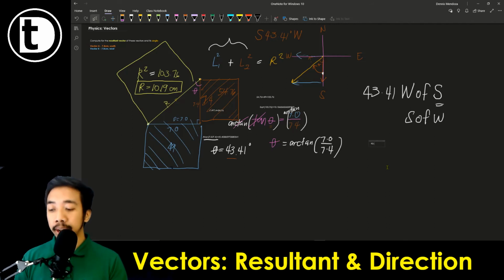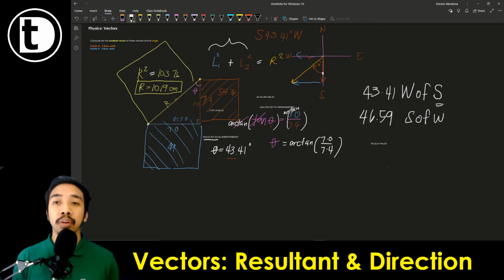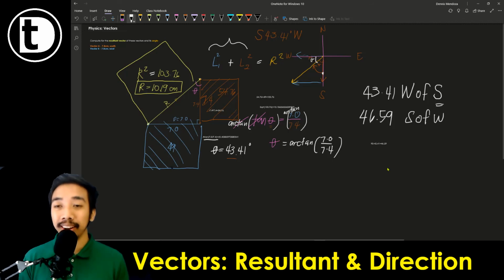So 90 minus 43.41 equals 46.59. So as you can see, this is what we are talking about as theta. Let's call it beta. Is that beta? I think that's alpha. I forgot my Greek letters.